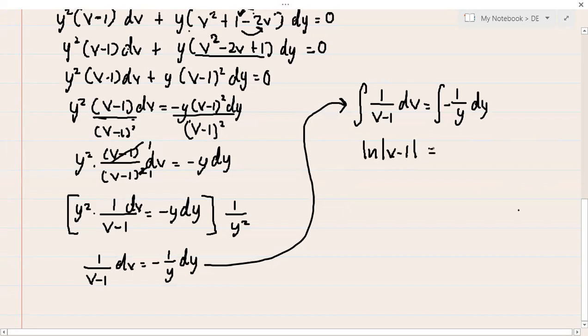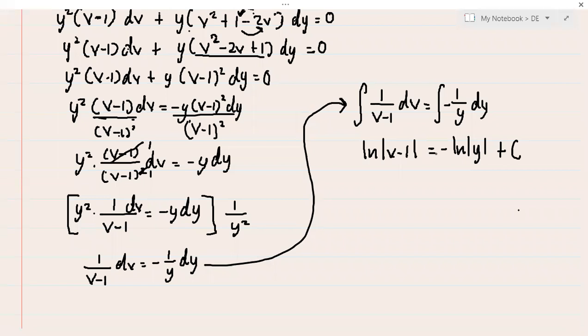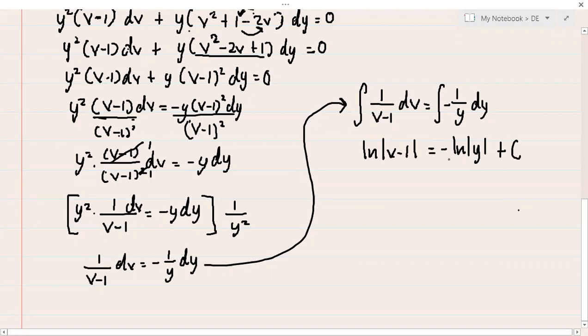Then on the right side, if you integrate this, it becomes negative ln of y plus c. Alright? And as I said earlier in my last video, you can put plus c anywhere. There's no problem at all. Whether it's left or right, it's up to you. So, this one could now be your final answer.